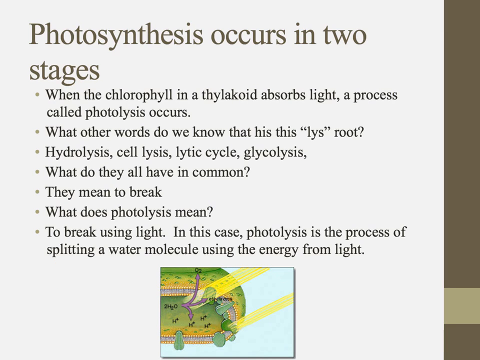Now, one of the first things that's going to happen in photosynthesis is a process called photolysis. We've talked about a lot of words that end with or include lyse: hydrolysis, cell lysis, the lytic cycle, glycolysis, and that literally means to break. So we know lysis has something to do with breaking or splitting. Photo means light.